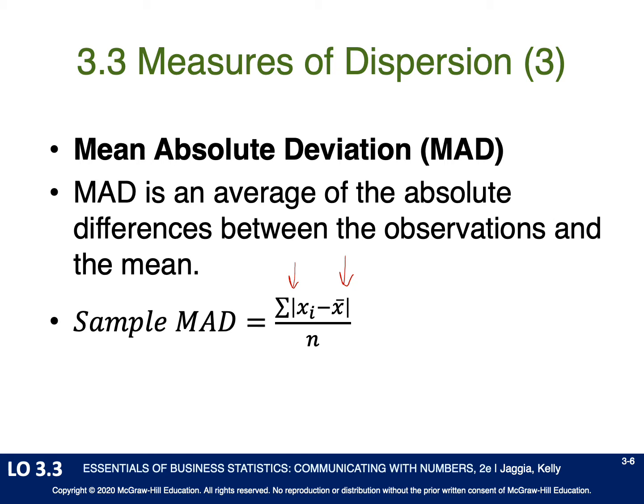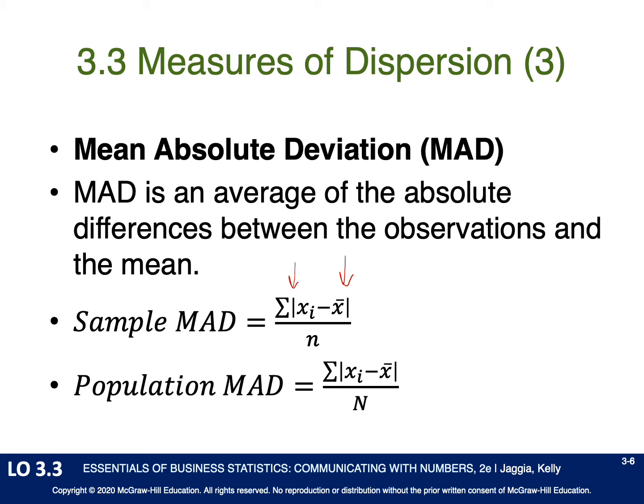So we're going to take the differences, take the absolute value, add them all up, divide by the sample size. If we're going to do the population mean absolute value deviation, it's the exact same thing, except remember, we're going to divide by the population size, not the sample size.